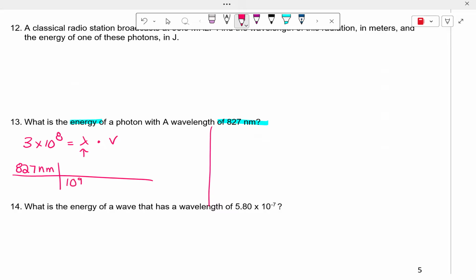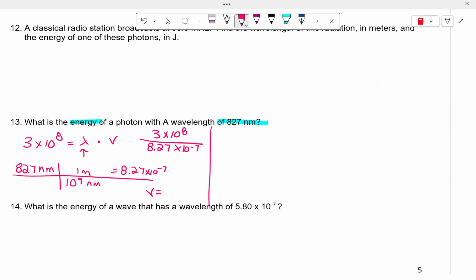So 10 to the ninth nanometer, 1 meter. And so this becomes, if I plug everything in, 3 times 10 to the eighth divided by 8.27 times 10 to the negative 7. And that answer, put it down here, is my frequency.